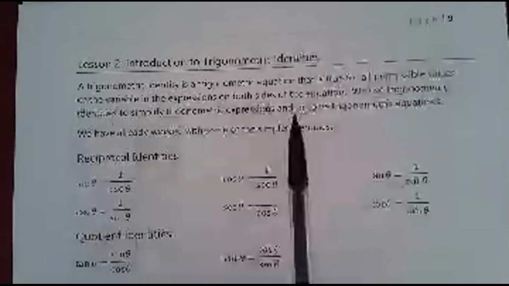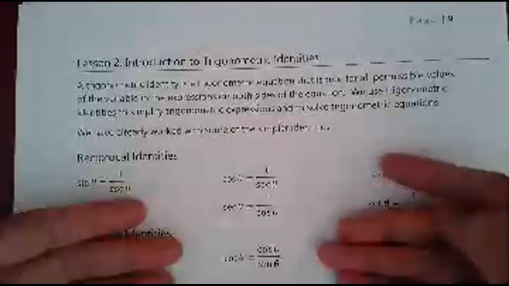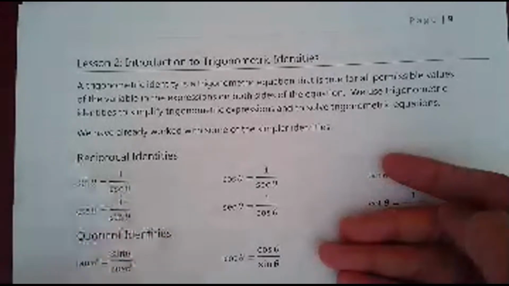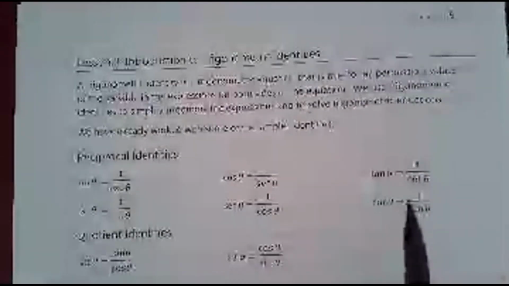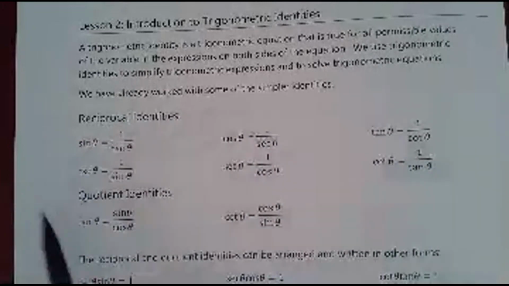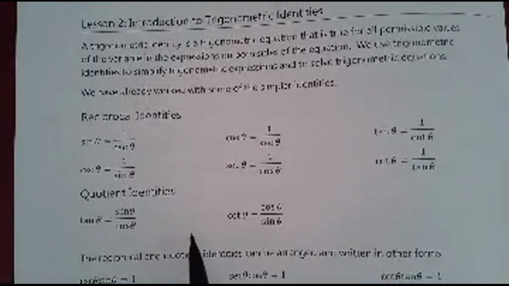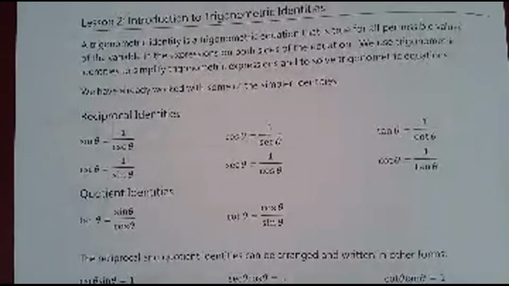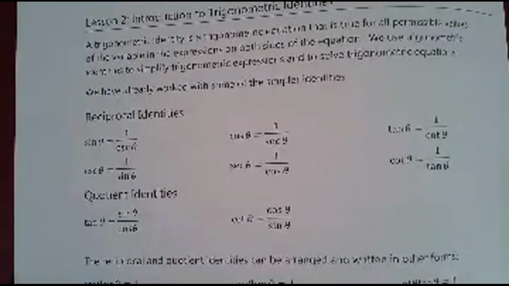So it's basically an identity where whatever the left side is, it's always true for whatever's on the right side of the trig equation, and that's only for all possible permissible values. Some of the stuff that we've already learned before is here.